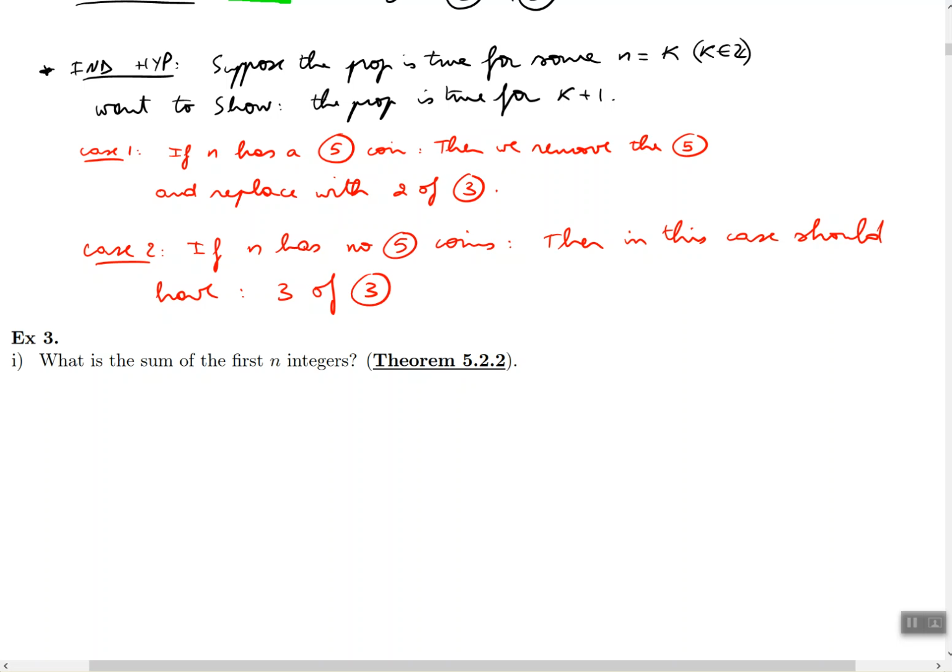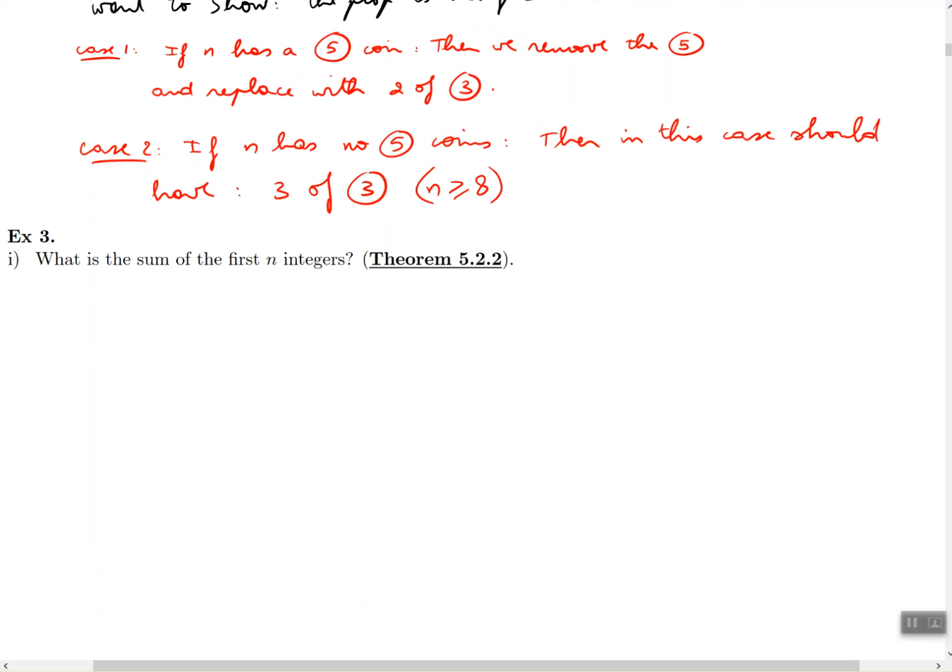In this particular example, I'm surrounding the coins with a circle. And this is a legit assumption because remember the n is supposed to be greater than or equal to 8. 8 is 3 and 5, but 9 is already 3, 3, 3. So that works. We will have at least 3 3-cent coins no matter what.